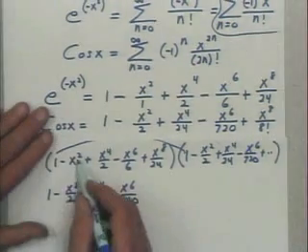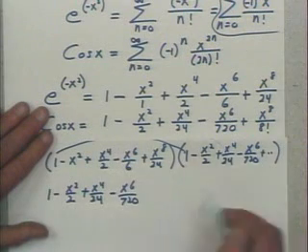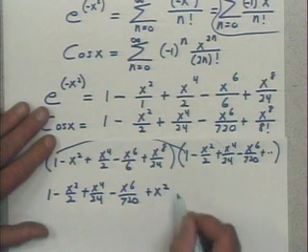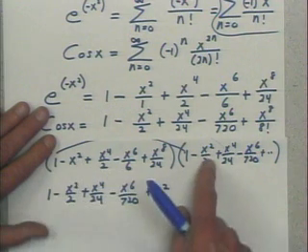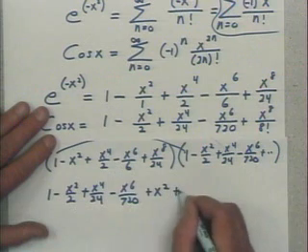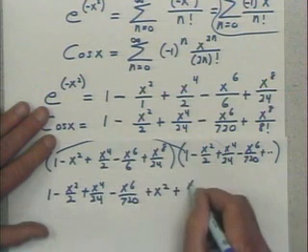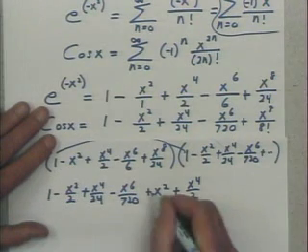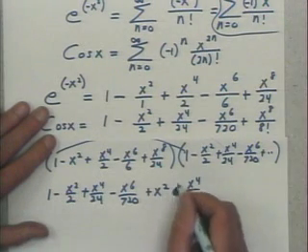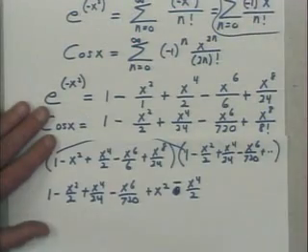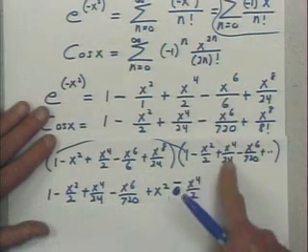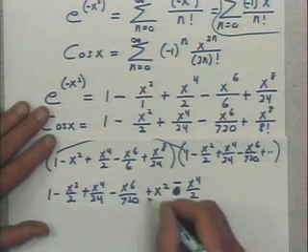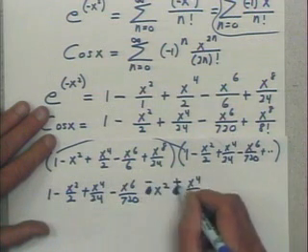Now I have to take x squared times each of those. What's x squared times 1? What's x squared times x squared over 2? x to the 4th over 2. What's x squared? Oh, these are minus though. Minus there. Because it's a negative times this one's negative, that one's positive.